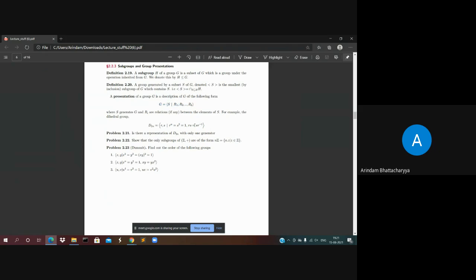You can compare these two equations. This thing generates the group, and these are the constraints. So this is a way to write, not represent, present a group.